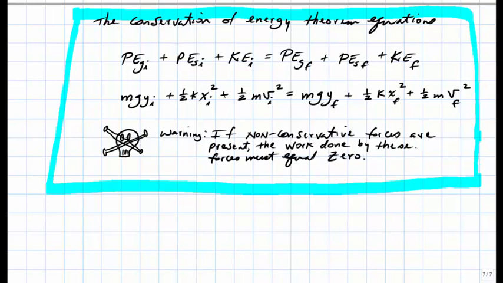If that is not the case, then we must use the work energy theorem instead.